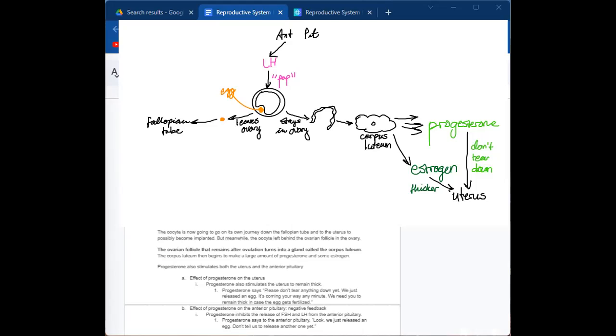It's going to say, not only should you keep getting thicker, but you also shouldn't get rid of anything. Because if the egg has implanted, we definitely don't want the uterine lining to shed. And also, if the egg hasn't implanted yet, we don't want it to get torn down. We need to give the egg a little bit of time.